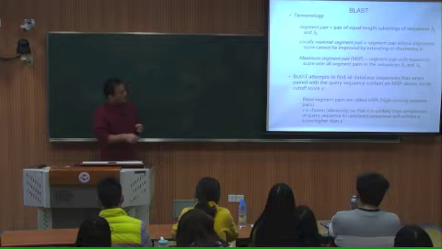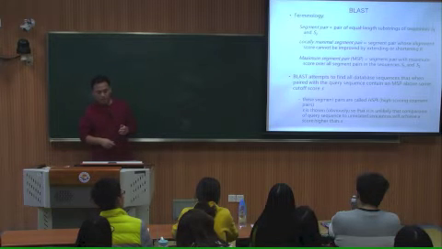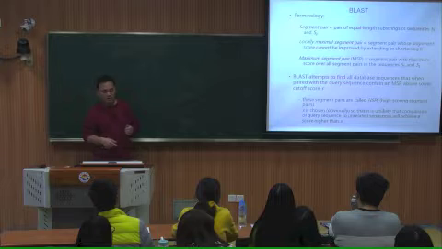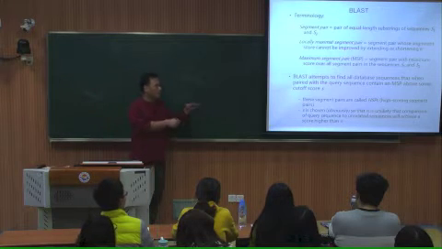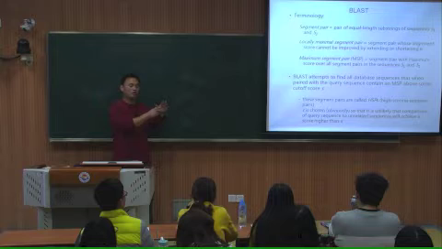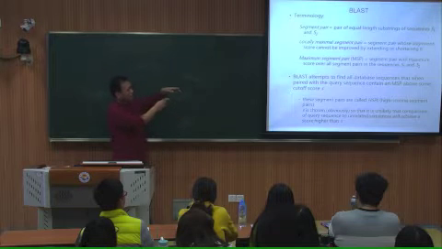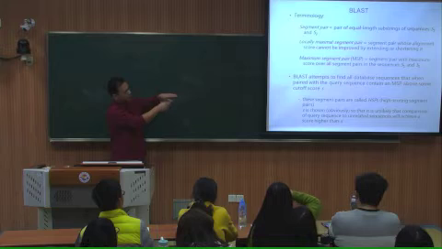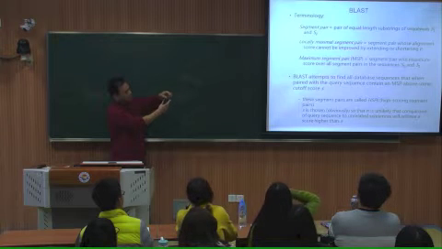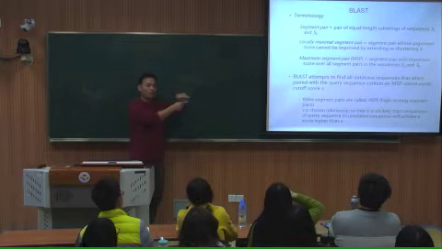And a locally maximal segment pair is a segment pair whose alignment score cannot be improved by extending or shortening it. So we will see how this algorithm works. But this means if we compare a partial sequence of two sequences, we find some similarity in part of the comparison.